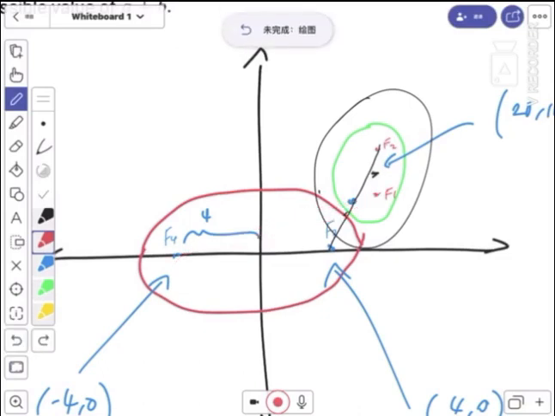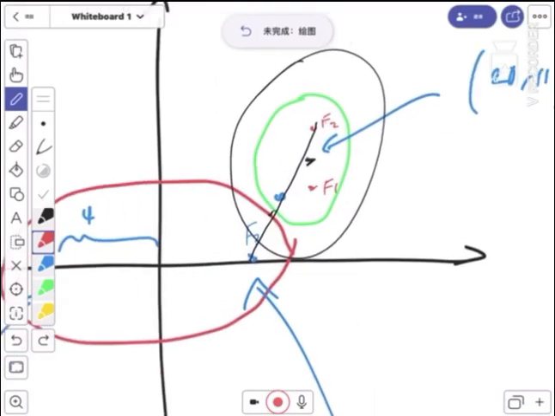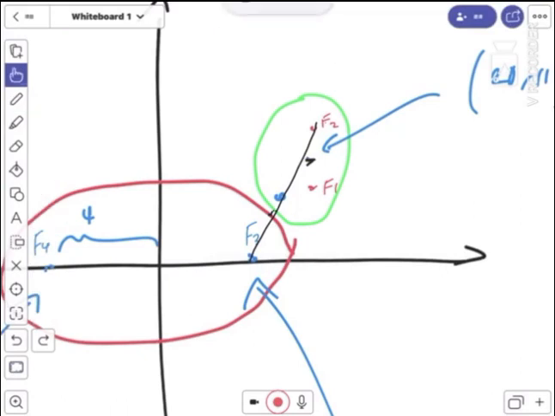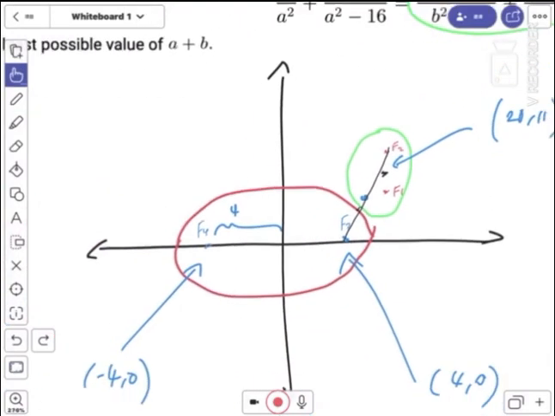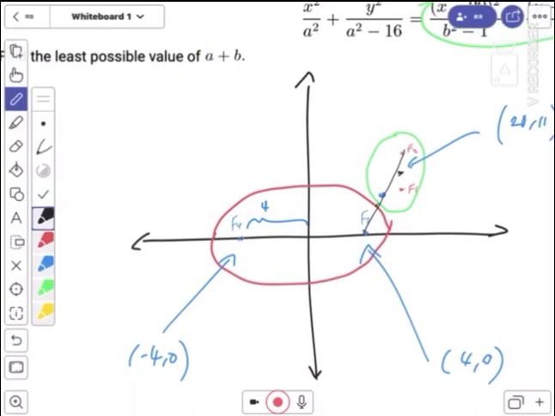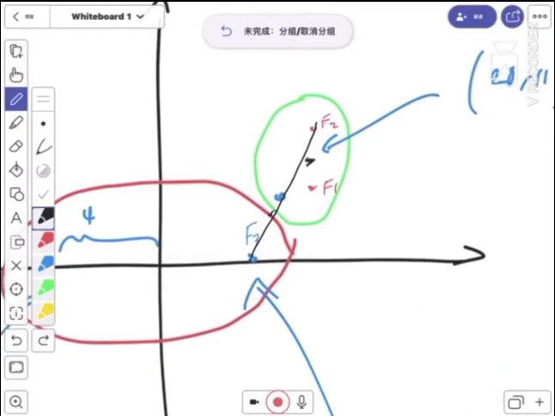So the best case would be when this is a straight line and when the other two foci are also in a straight line with the line connecting them. So like this. Sorry for the bad configuration.